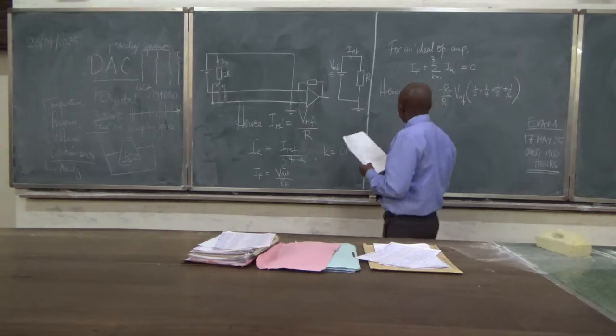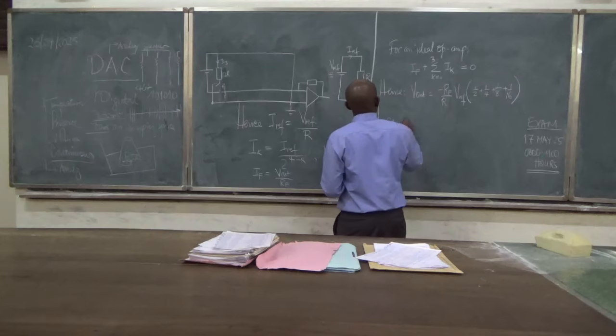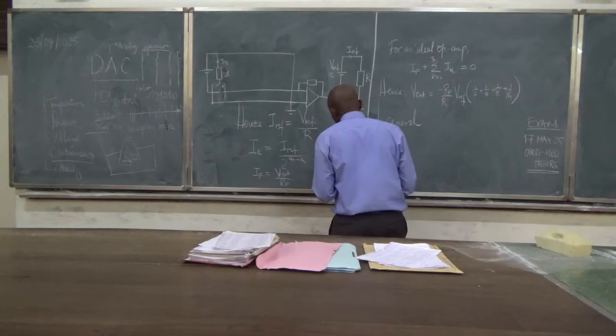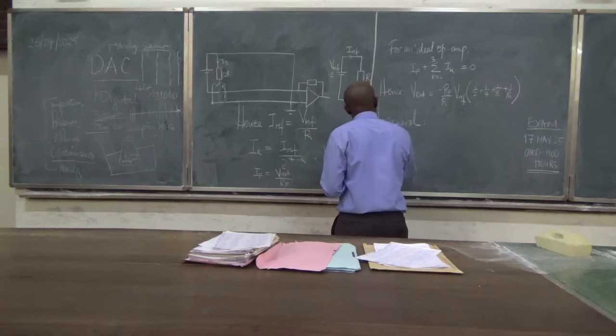And then in general, if we had a bunch of many others, we would have the V out.